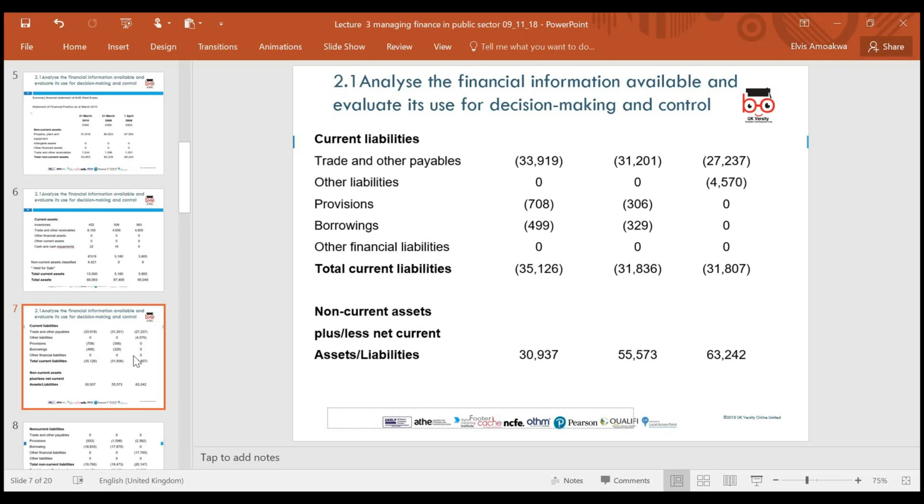Don't get worried about the figures. When we start analyzing, you understand what I'm going to talk about. So I'm showing you a sample of the financial statement of NHS Works Assets. That's all. After that, we will see how we'll be able to use this information to make proper decisions.